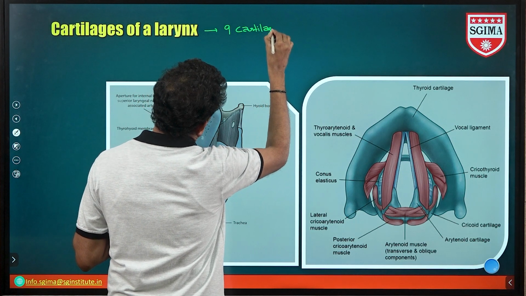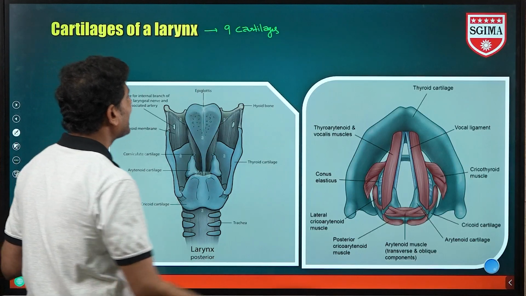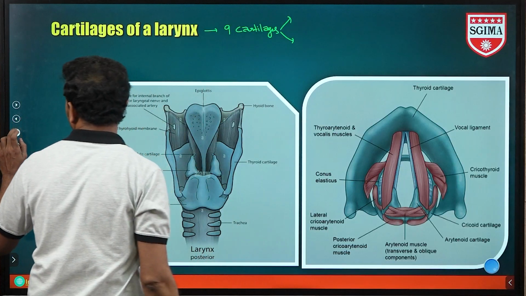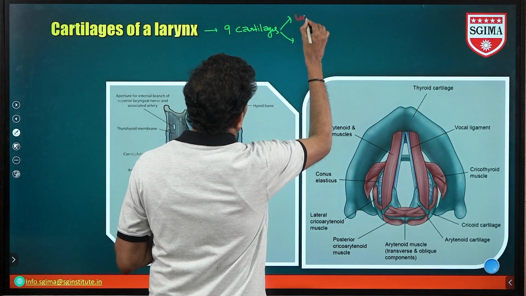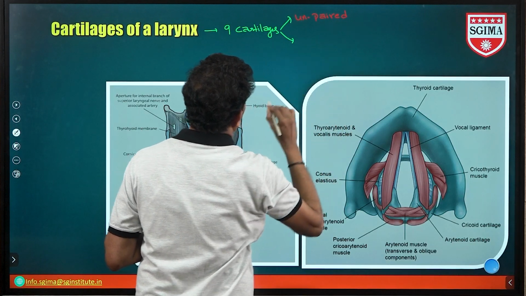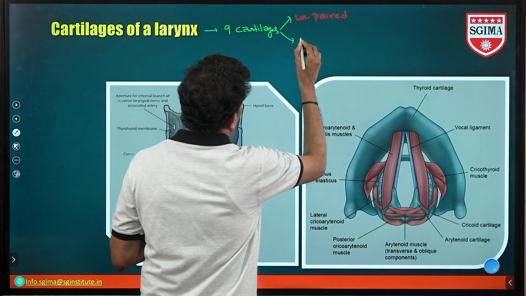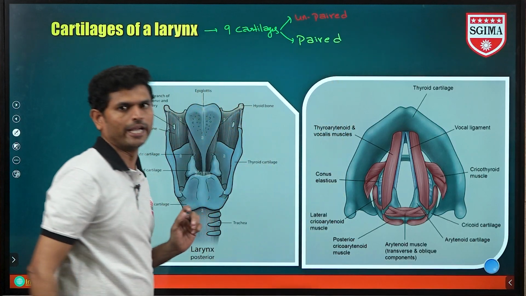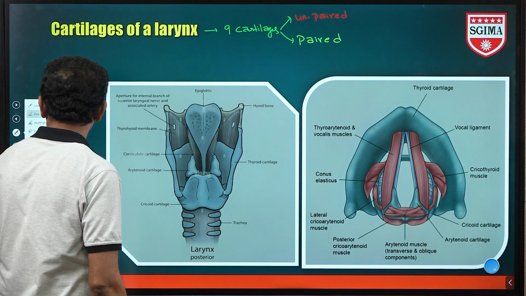Among these 9 cartilages, we can categorize them into one category, that is unpaired, and another one is paired. Now, unpaired cartilages, paired cartilages, what are those things?